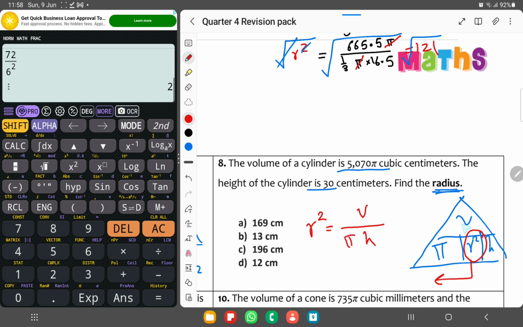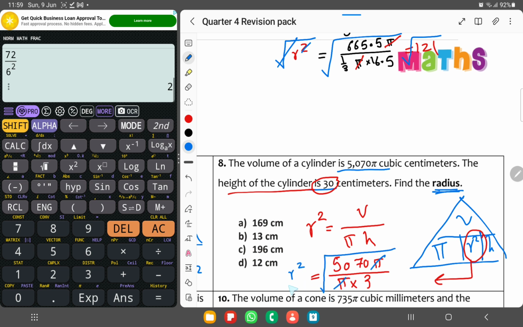We hide the radius squared, volume over pi h. Very good. What is the volume? 5070 pi over pi times h. What is the h? The height is 30. So pi times 30. The pi's cross together. And this is r squared.